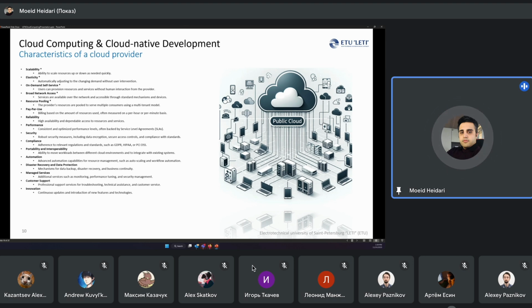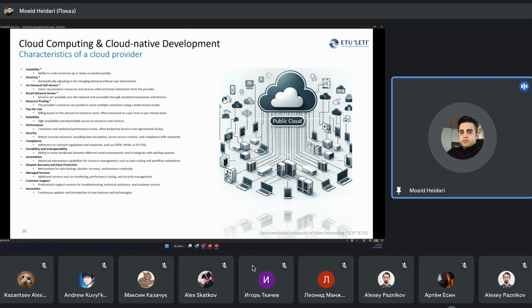Reliability is very important for a cloud provider system, because high availability is the thing that we expect. It's the expectation of the users who are using this cloud provider system. So reliability is about high availability and dependable access to the resources and services.